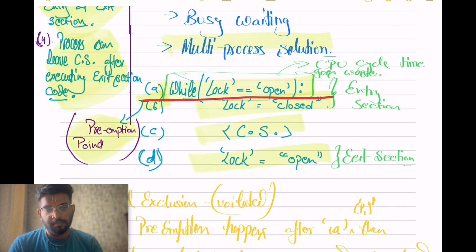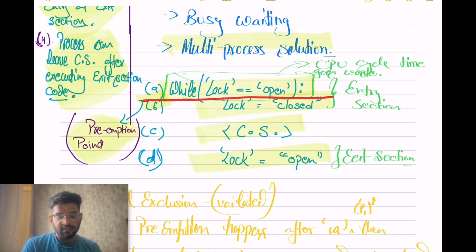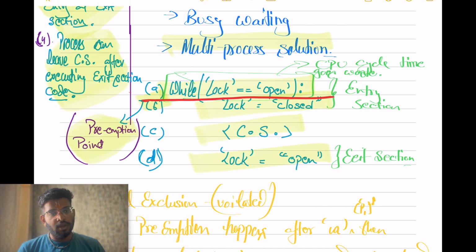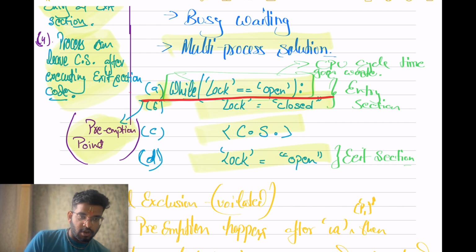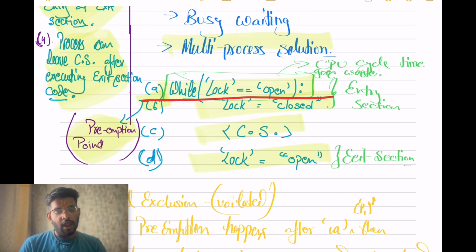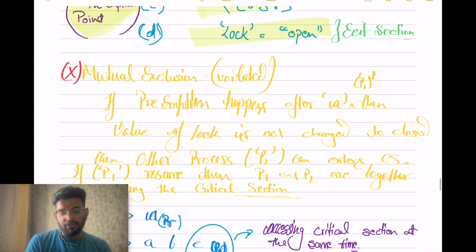If P1 is the person who first sees the lock equals open and goes inside, but before going in it gets preempted, and P2 also sees the lock open and goes inside, now there are two persons inside the room, both seeing the lock as open. Now if P1 preempts P2, and both P1 and P2 close the door, there are two persons in the room, which means mutual exclusion is violated.